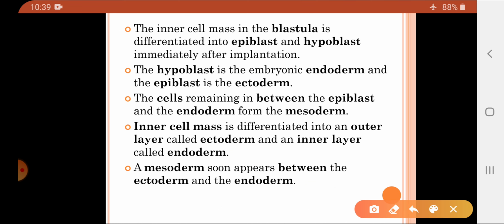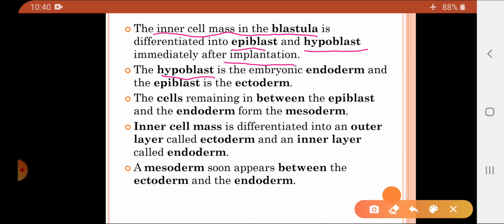Now what happens to the blastula after its implantation? The inner cell mass of the blastula, also called the blastocyst, gets differentiated into two layers called epiblast and hypoblast immediately after implantation. So the inner cell mass, by the movement of the cells, gets differentiated into the epiblast and hypoblast.